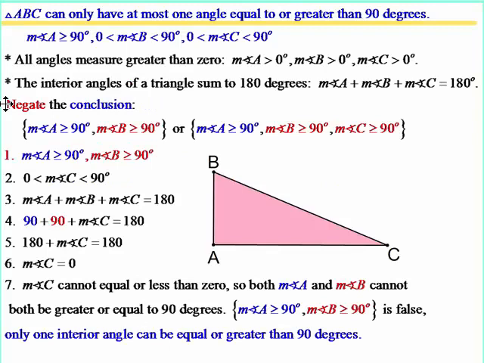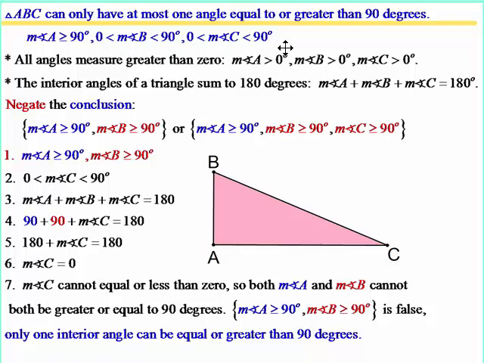Geometry proof. So if we have triangle ABC, it can have at most only one angle that's equal to or greater than 90 degrees. That's what I want to prove. And so I rewrote this numerically here, that I'm picking just one angle, angle A, that is equal to or larger than 90 degrees, and the other two angles have to be less than 90, and any angle has to be bigger than 0.